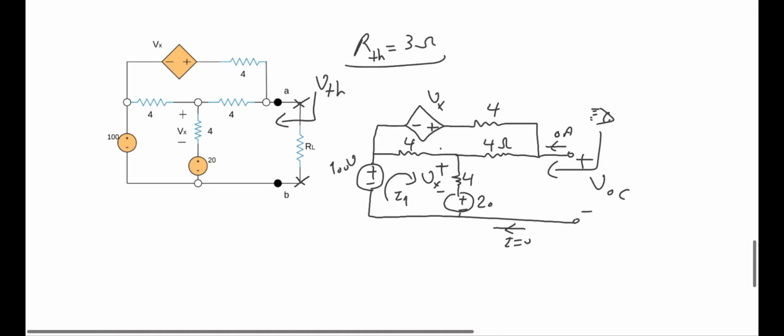So loop 1, and over here I2 for loop 2. So this I1 is actually from here, and then over here I have I2, which means the current of this branch is I1 minus I2. So let's start writing the KVLs for these 2 loops.